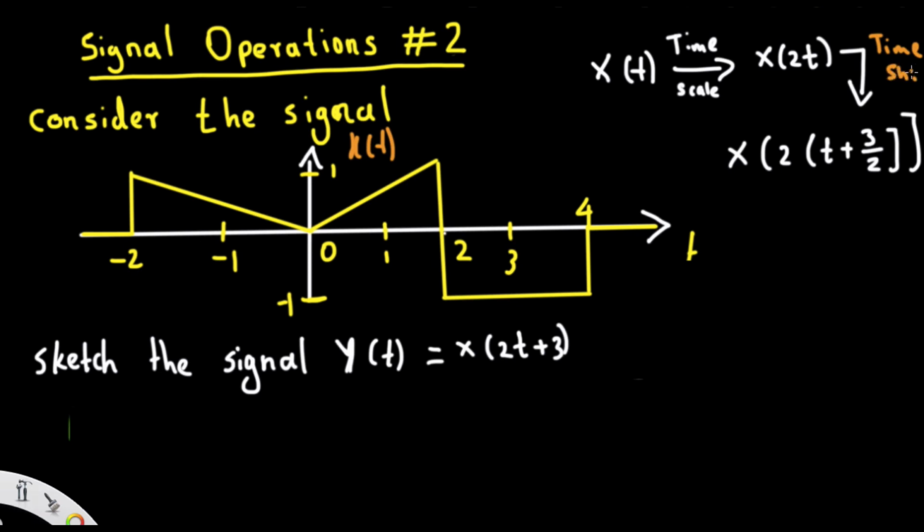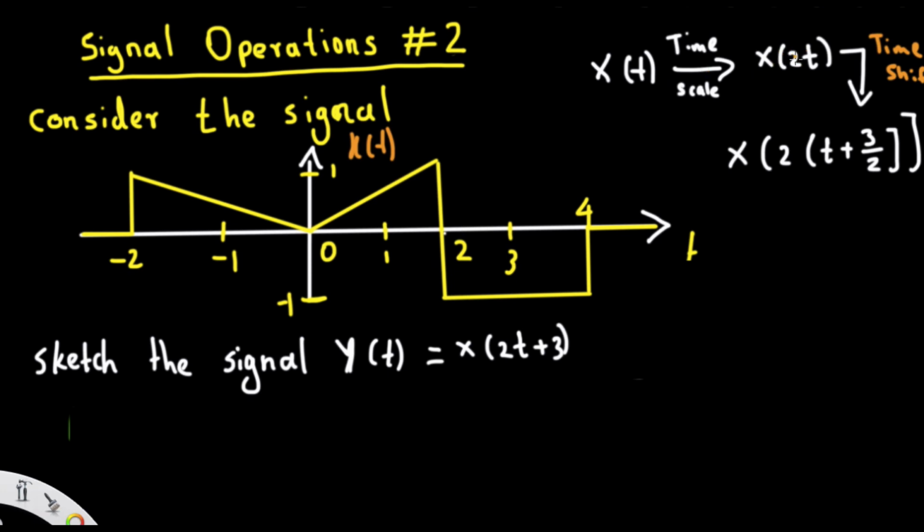If we are adding, we know that we have to move this one to the left by 3 by 2 units. If it's plus, left by 3 by 2 units. If it's minus, right by 3 by 2 units. Since we have plus, we are going to move it to the left. Okay, now let's go ahead and start the first one.